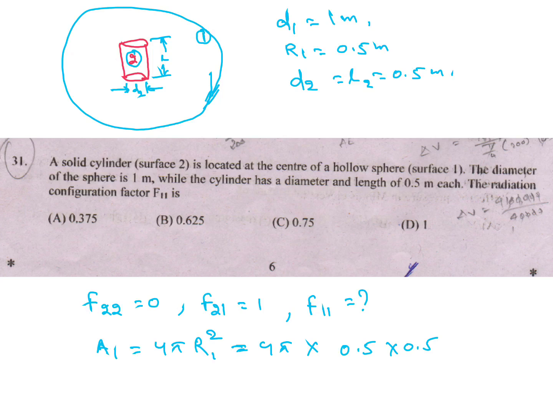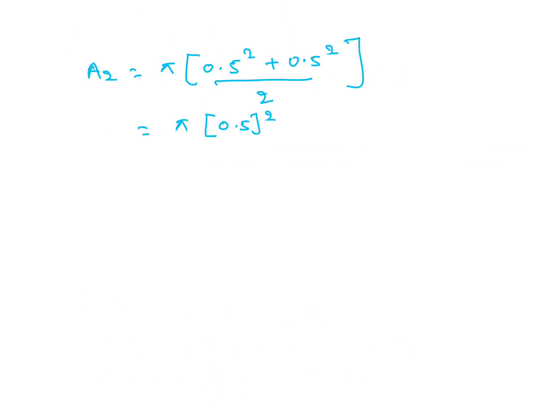Then A2 for cylinder is 2 into pi by 4, here D2 square plus pi d into height L or L2. Put the value. So A2 we will get pi into 0.5 square.